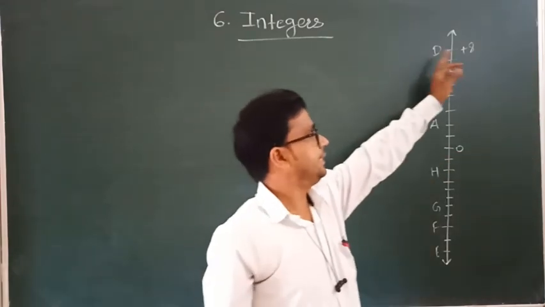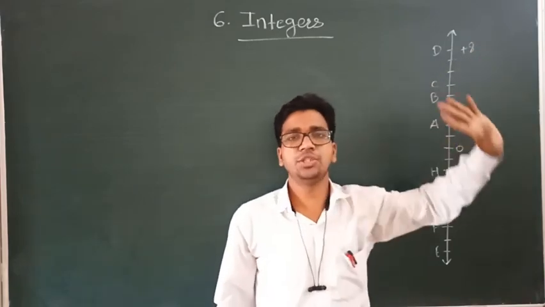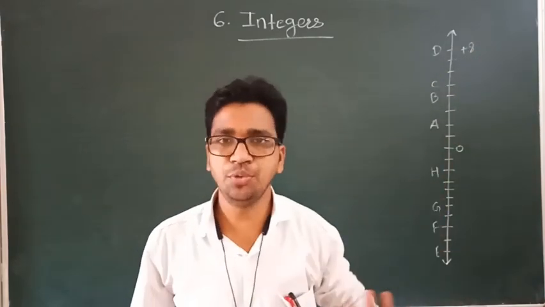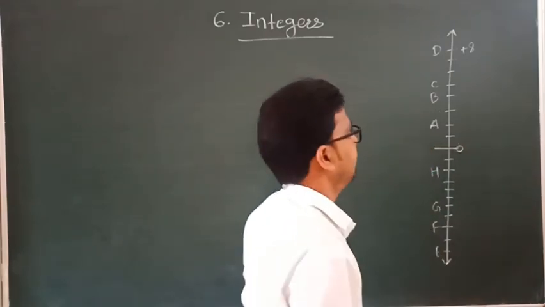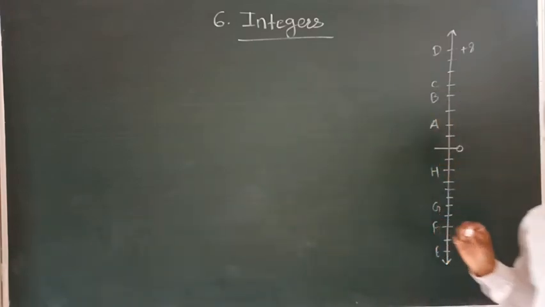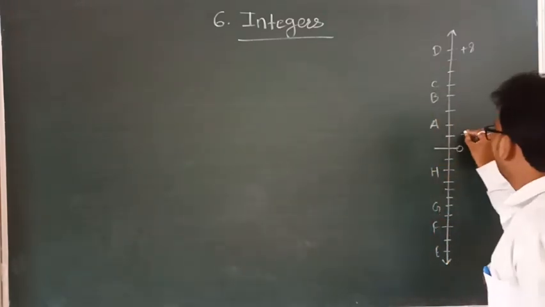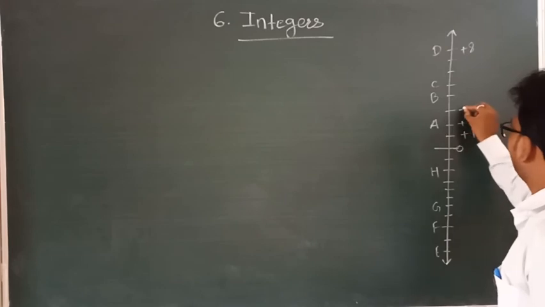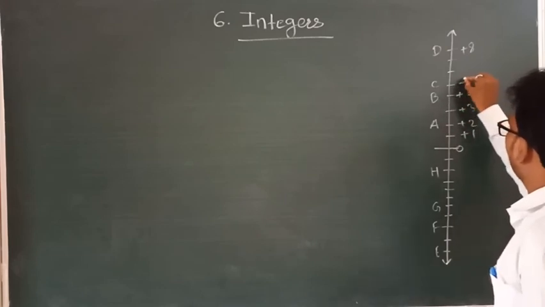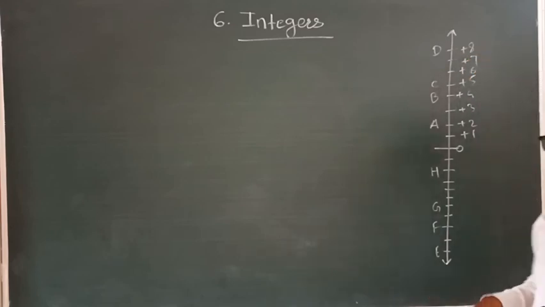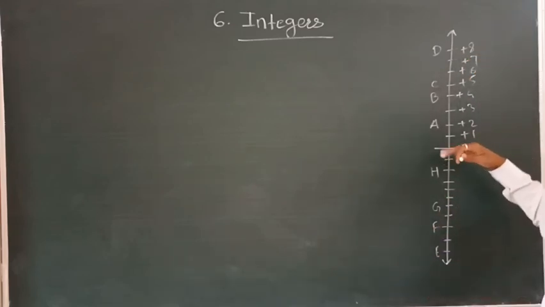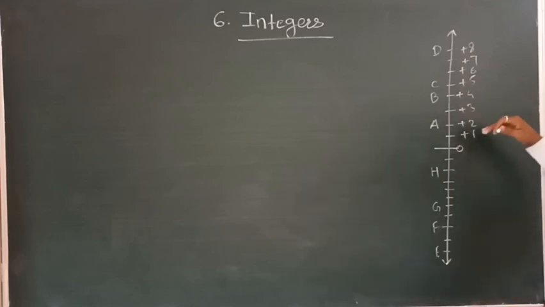If D is at positive 8, which point is at negative 8? Here it is 0, the middle term. So simply, positive 1, positive 2, positive 3, positive 4, positive 5, positive 6, positive 7. Whenever the number line is like this, above 0 is positive and below 0 is negative.